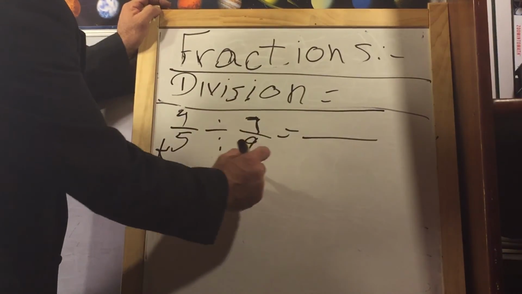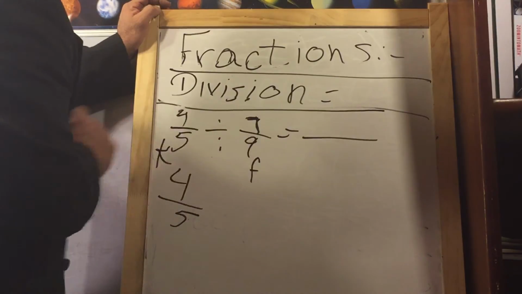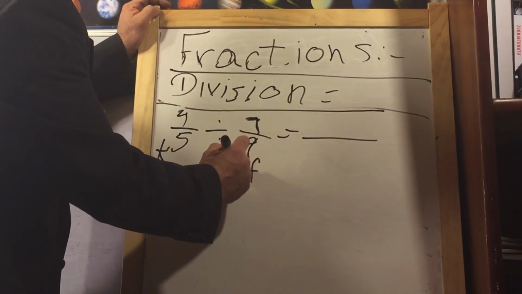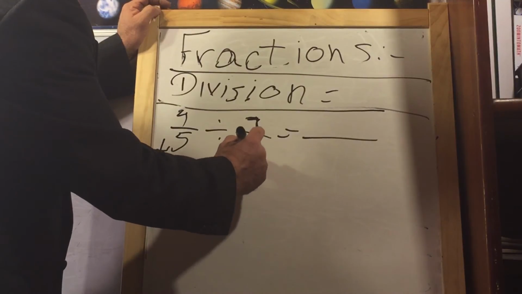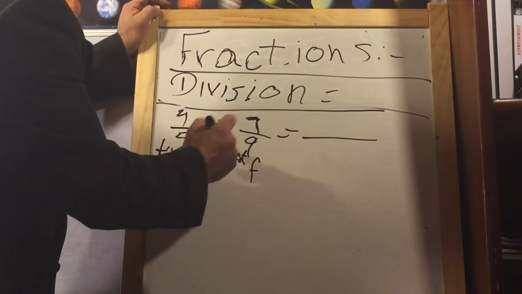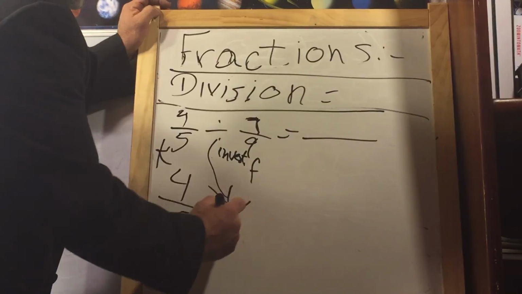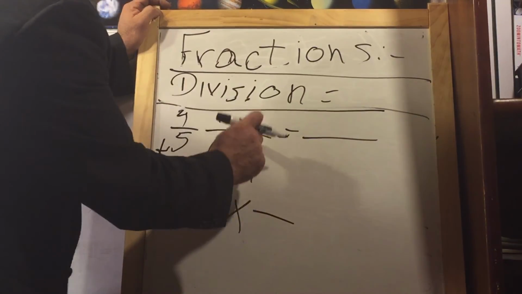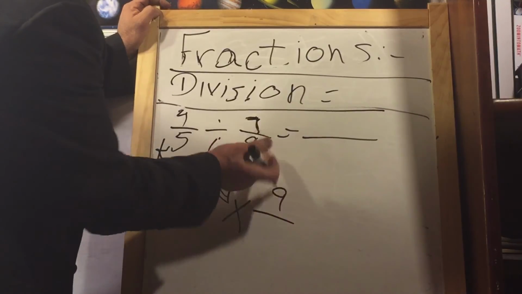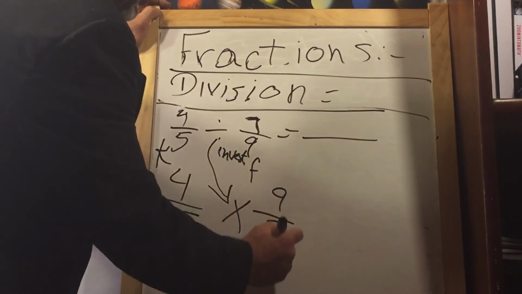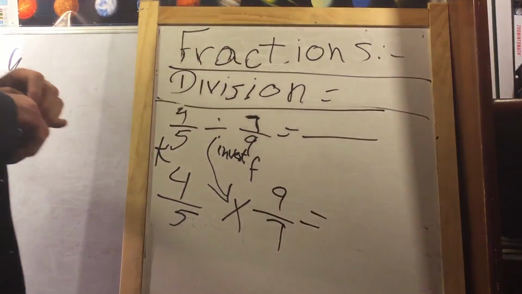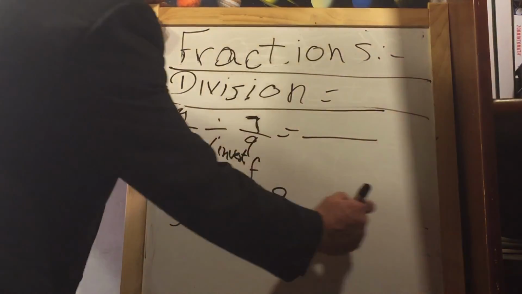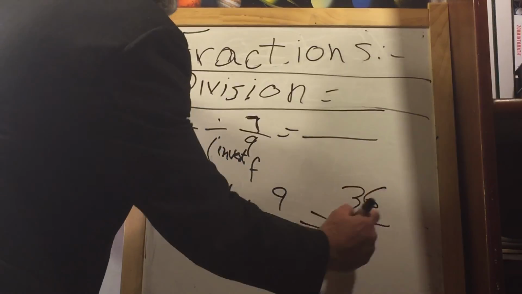Then change, or invert, this so it becomes multiplication. But you have to flip this one: 9 on the top and 7 on the bottom. That's how we divide. So the answer is 36 over 35.